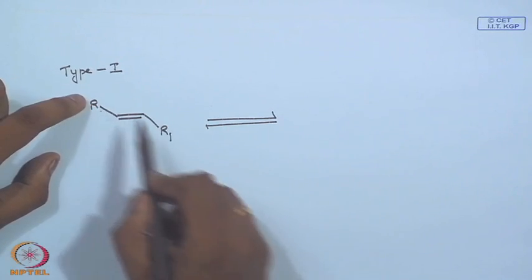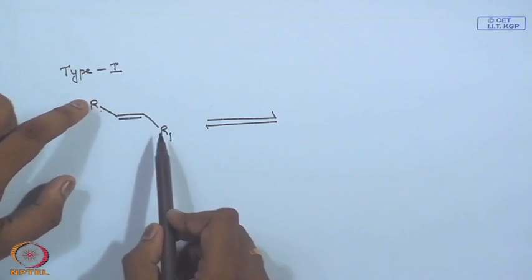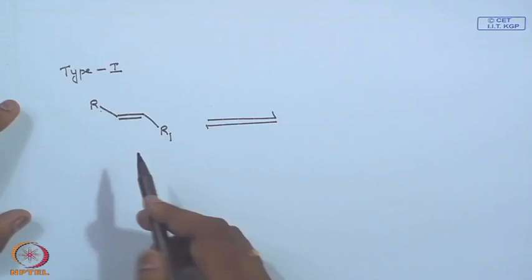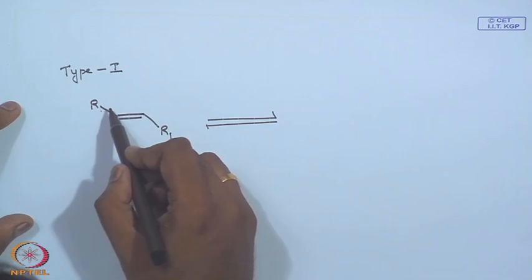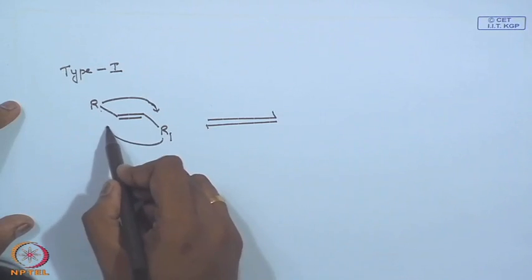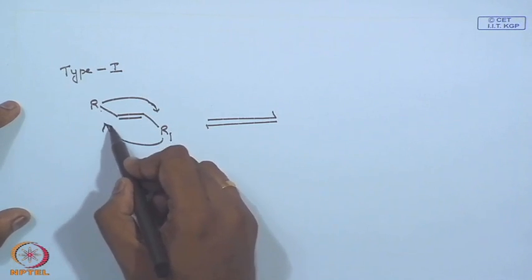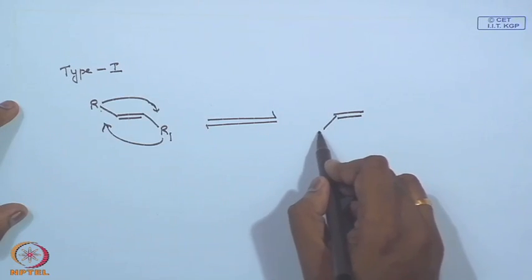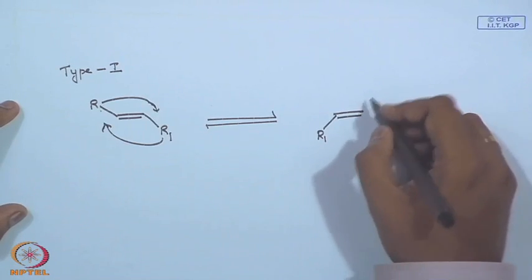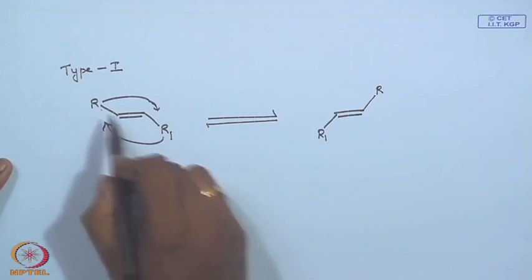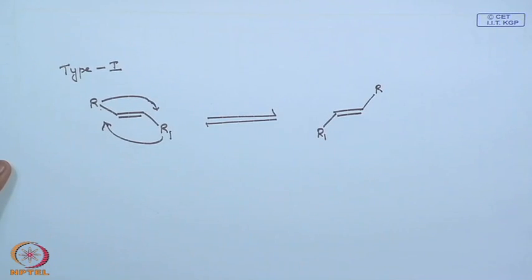What the type 1 definition says is that the two migrating groups should interchange with each other. So I get a product like this, with R1 and R, an interchange of two groups.